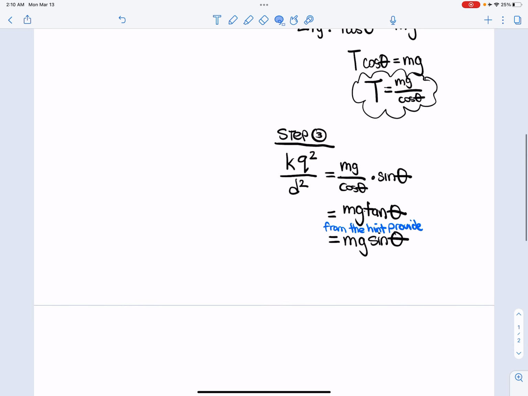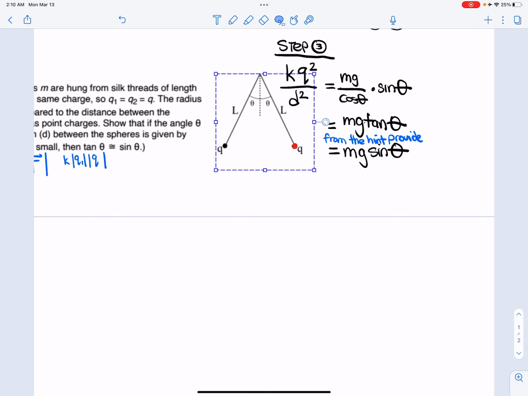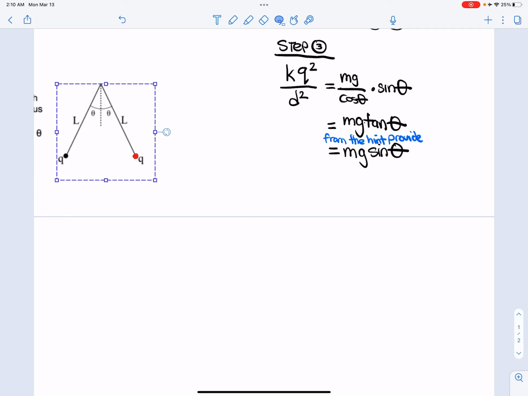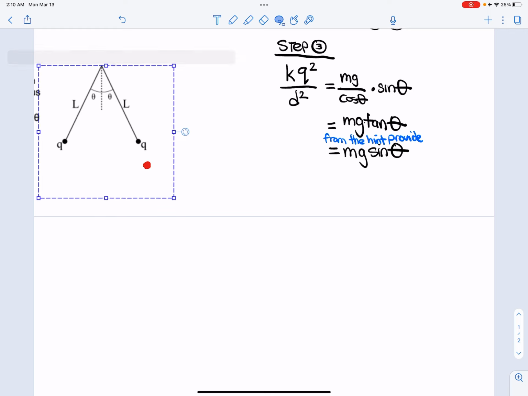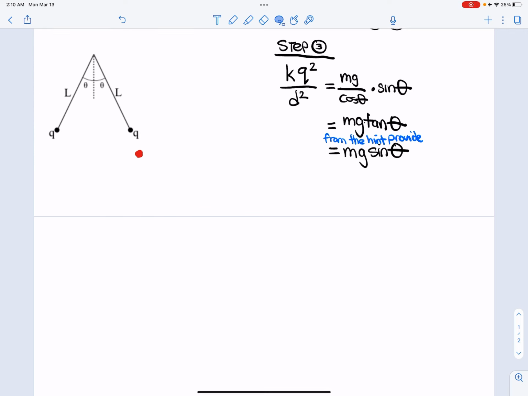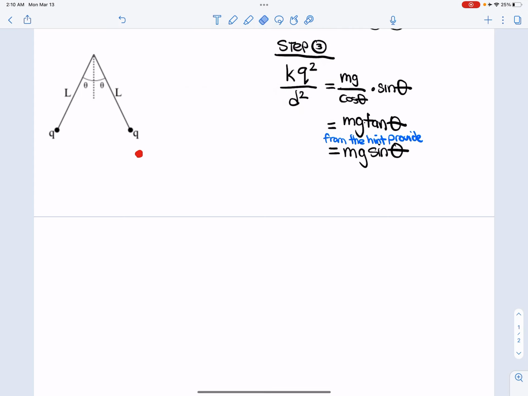I'll copy this and paste it here, but actually all I want is this triangle right here.